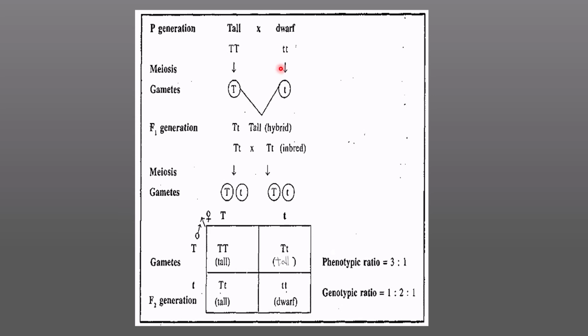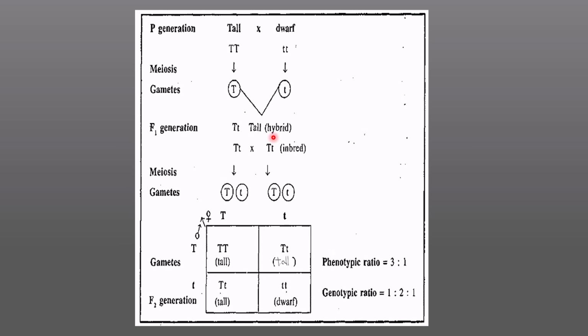The same thing is happening in the dwarf parent also. So the gametes are produced here, and then when the plants with these genetic constitutions are crossed, the offspring get the capital T from one parent and the small t from the other parent. Now all the hybrid plants of the F1 generation are heterozygous with the genotype capital T and small t, and all these hybrid plants of the F1 generation are tall.